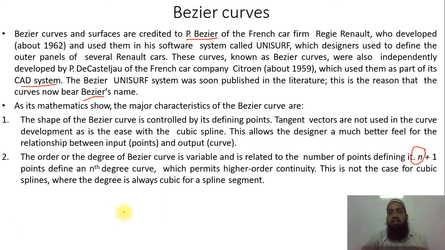It means that if I want to find the degree of the curve, the degree n is the number of control points, say capital N, minus 1. So these are the two characteristics here. We'll see a few more characteristics in the next slide.